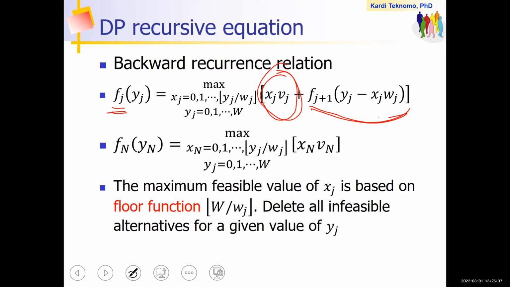And then the value in front. So the value of yj minus xj times wj. Using this, the maximum feasible value of xj is based on the floor function. And you can delete all infeasible alternatives given the value of yj.